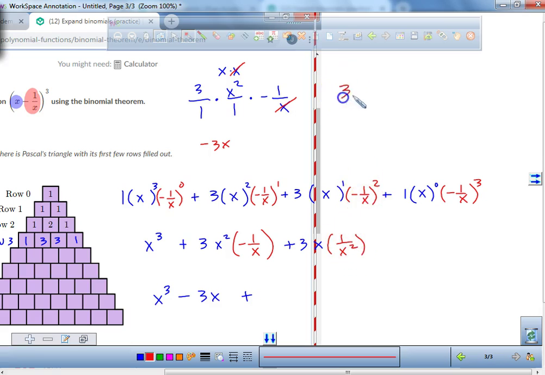So if I were to multiply it together, I'd have 3x over 1 times 1 over x squared. What's going to happen? That cancels out one of those. And so what am I left with? I'm actually left with a 3 over an x. That's what I'm left with. 3 over an x.